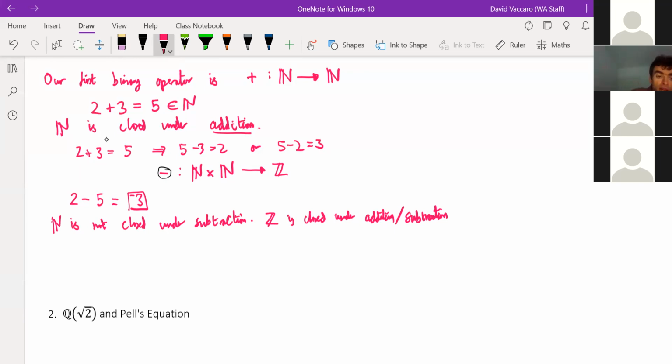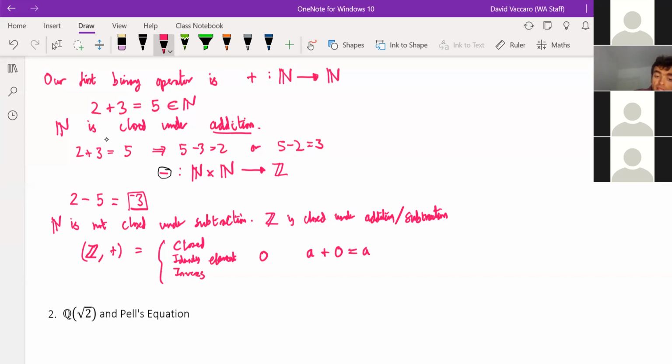So Z endowed with addition, it is closed. There's an identity element, a very special number 0, which is such that a plus 0 is equal to a.